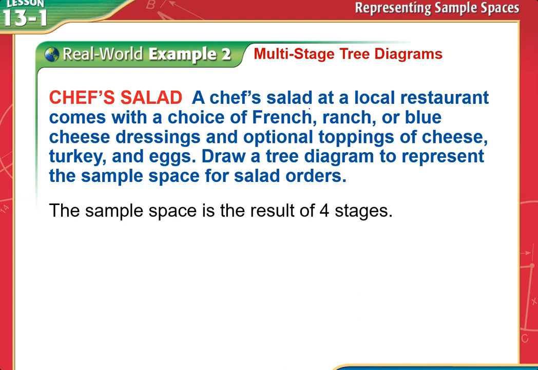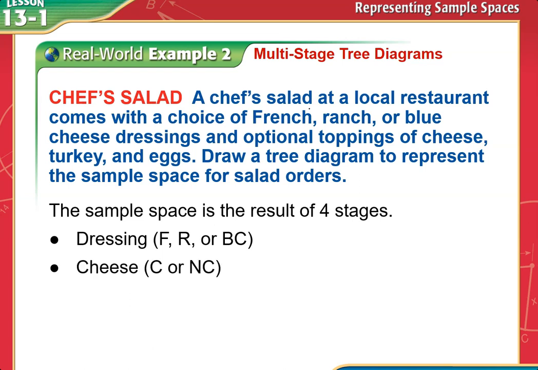So we have 4 stages. We have the dressing, F, R, or BC for blue cheese. We also have the cheese or no cheese, turkey or no turkey, eggs or no eggs.